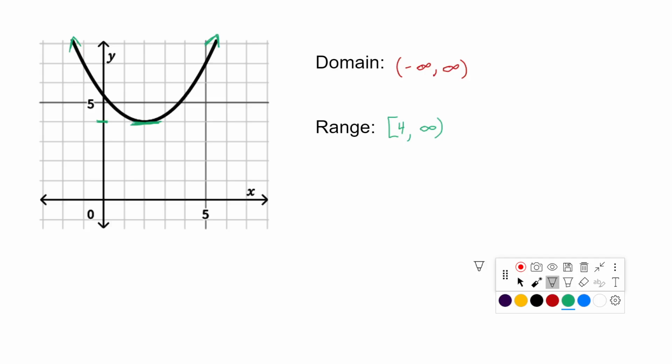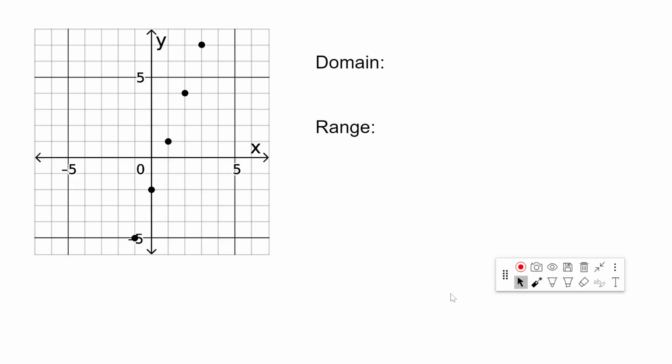Our last example is what we consider to be a discrete function or a discrete graph. And that's because it just has specific points. When we identify the domain and range in this case, we need to make sure that we're identifying that it's going to be specific points.